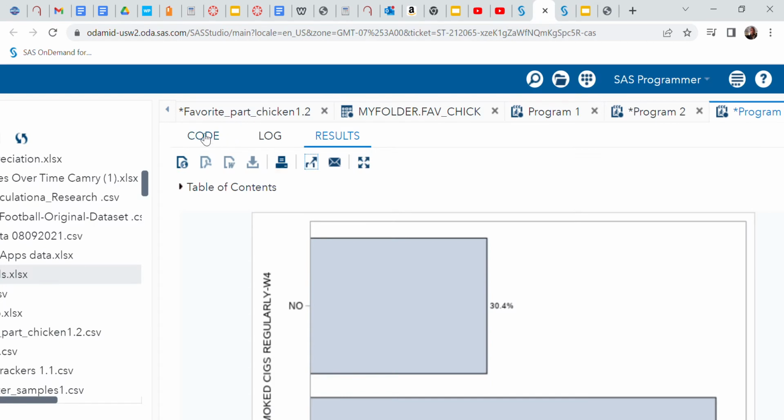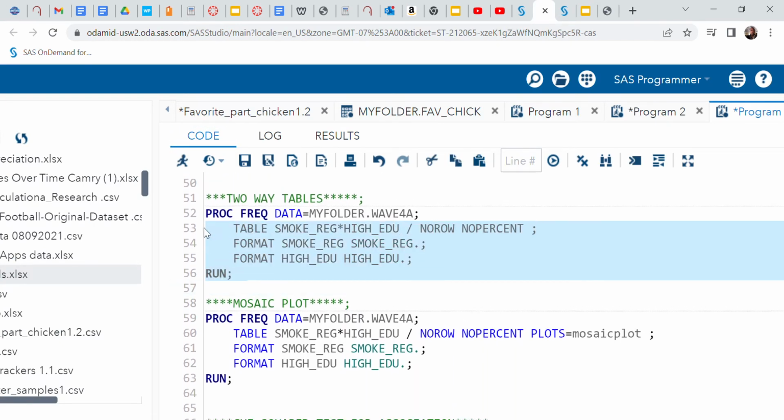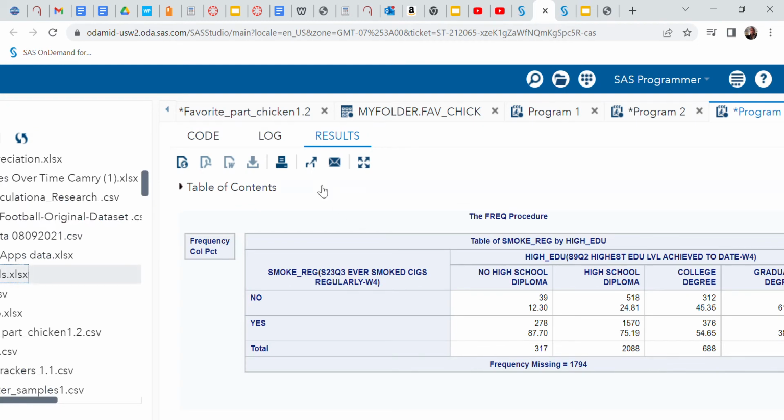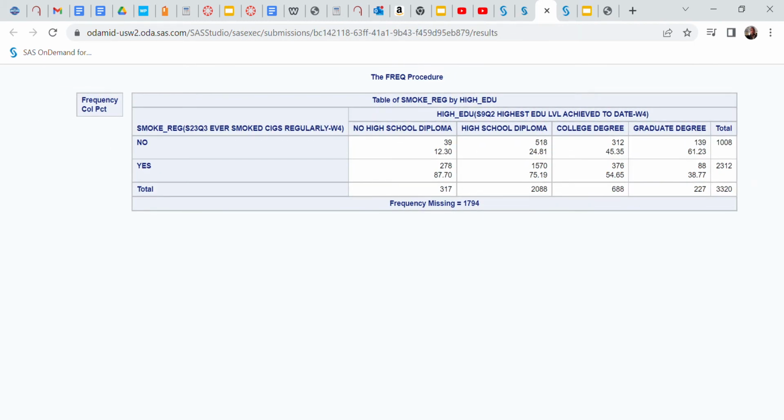So we're going to go back to our code and run our two-way table here. I took off no column percent so you can see that. All right. So if we look here, we're going to put that in there. And when we look here, high school.